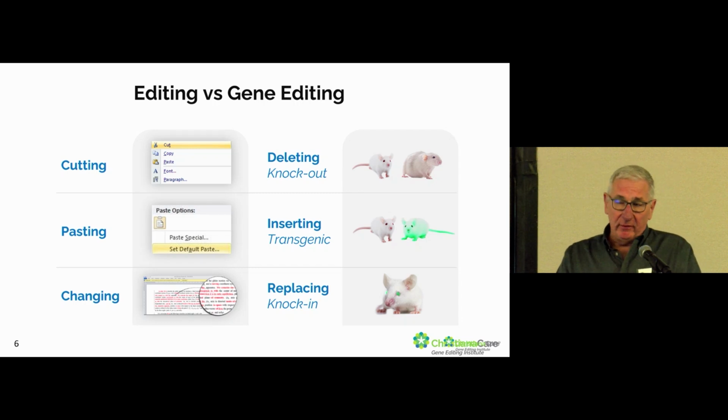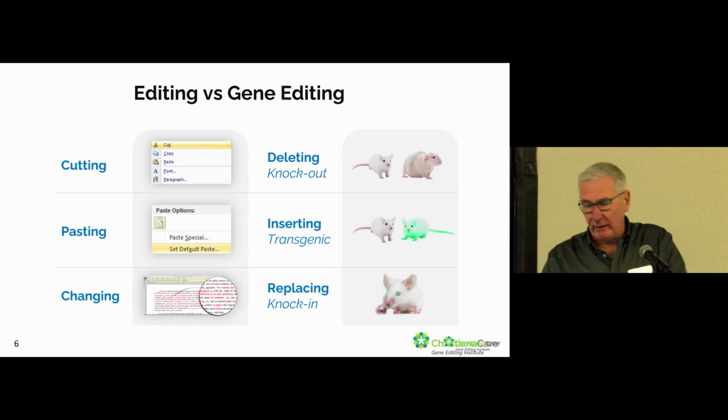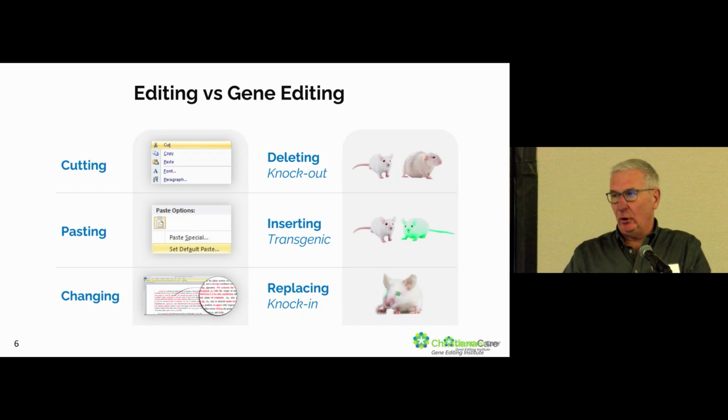Now, to be fair, the only thing we can really do efficiently with CRISPR is knock a gene out. We think we can repair genes, but I'm going to tell you a couple of secrets that just emerged last month from the major CRISPR meeting in Copenhagen about inserting genes and even fixing genes. It's a little bit more complicated than we think.